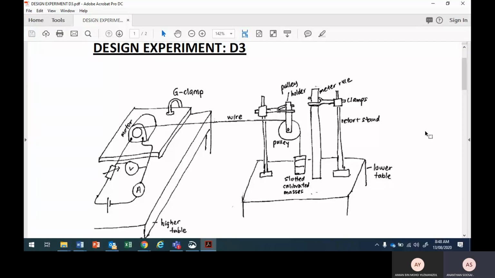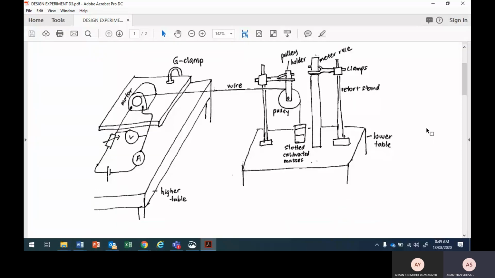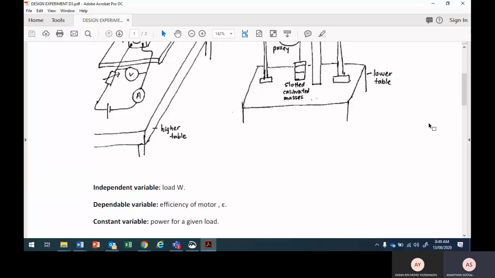Okay, independent, dependent, and constant.